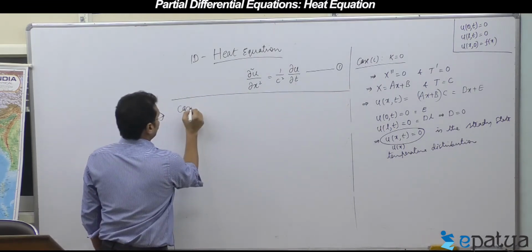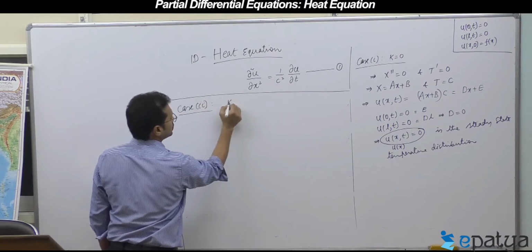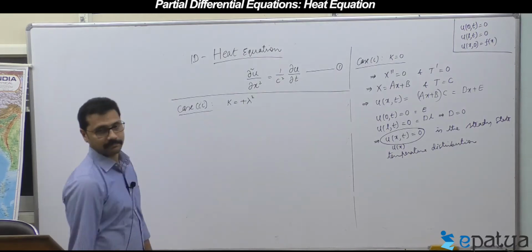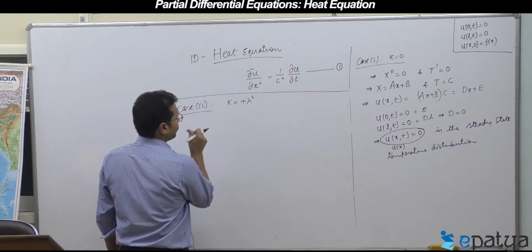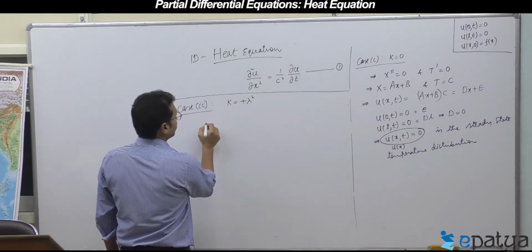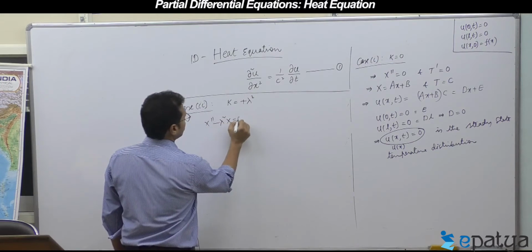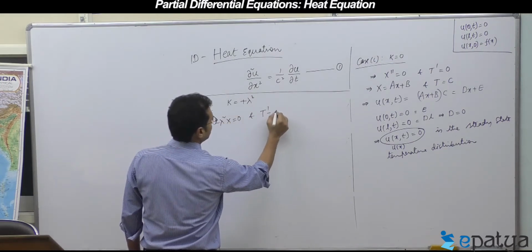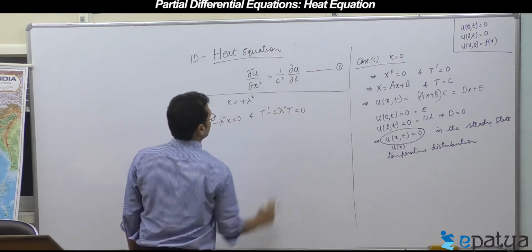Case 2, which is k is positive, plus lambda square. Therefore, X double dash minus lambda square X equal to 0 and T dash minus c square lambda square T equal to 0.